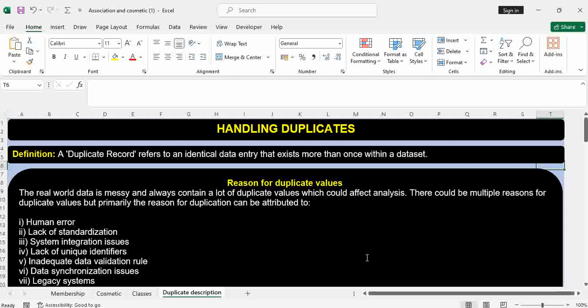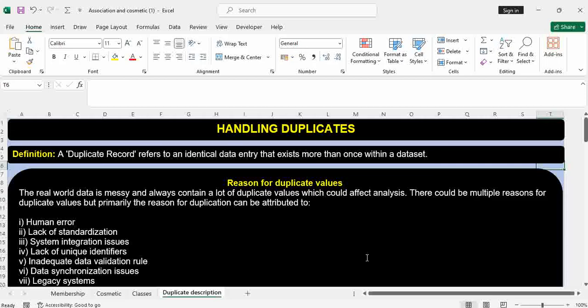For example, at one place you can call me Galm Dida, and at the other place you can call me Dida Galm, referring to the same person. So here, what we are looking at is not the exact items that have been captured. We are referring to the same person, the same entity, the same observation, the same transaction that is occurring.